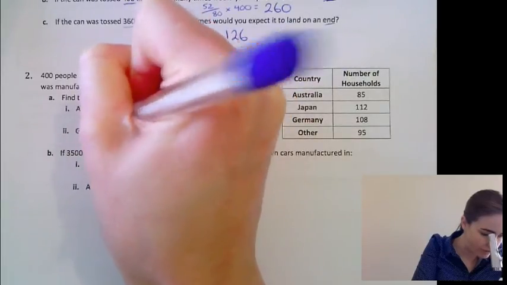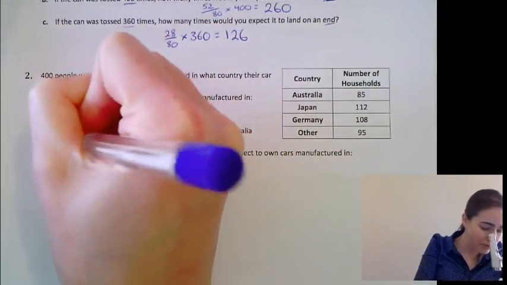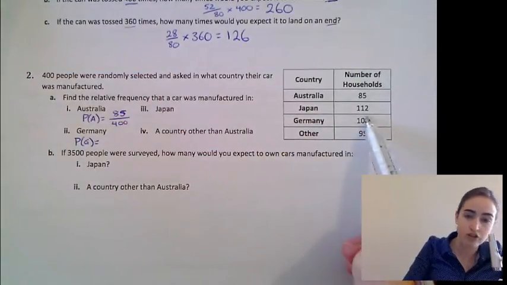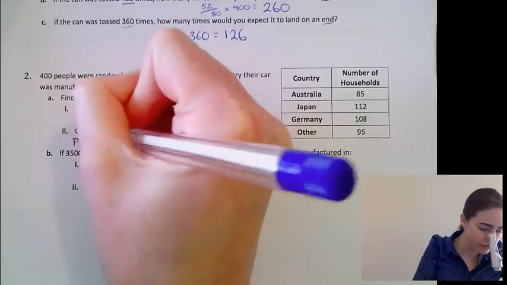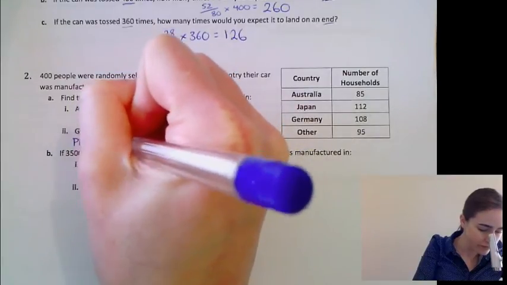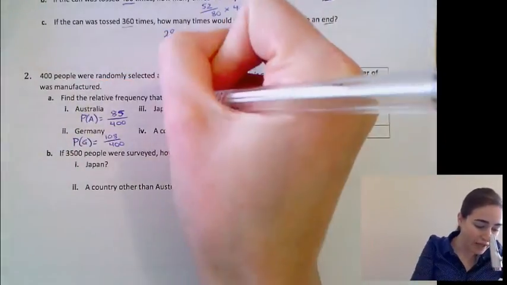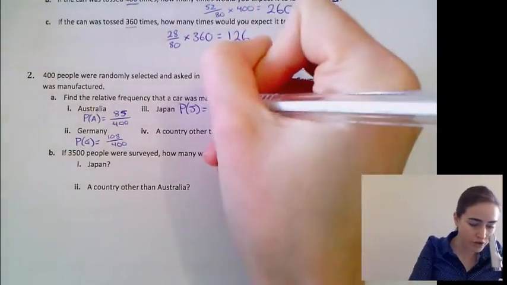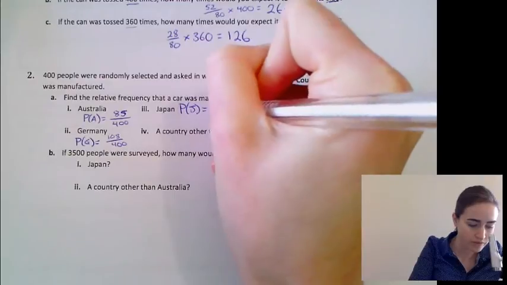The probability of it being manufactured in Germany would have been 108 out of that 400. Of Japan would be 112 out of 400.